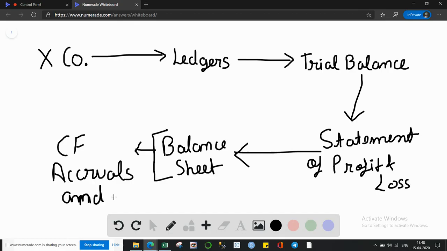The overall financial position is given by the balance sheet.